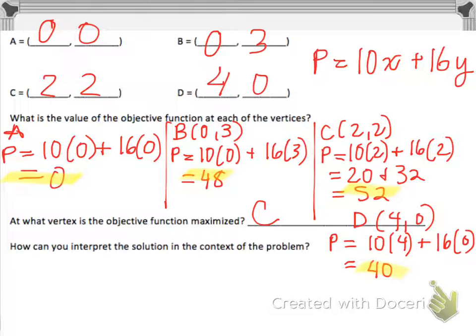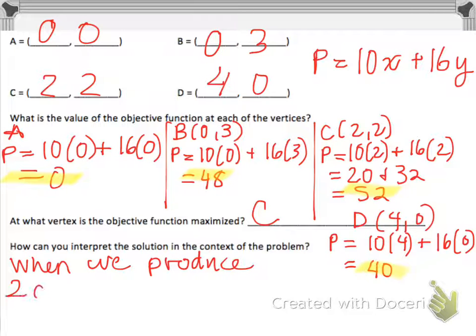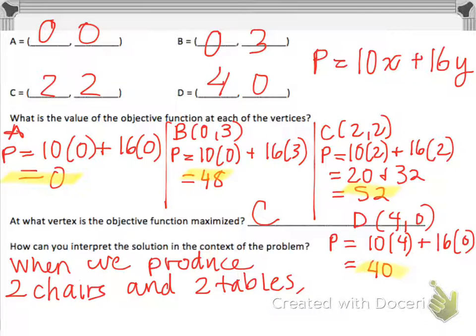Well, it means that when we produce 2 chairs and 2 tables, and I'm getting those 2's from that ordered pair 2, 2, we will have the maximum profit of $52.